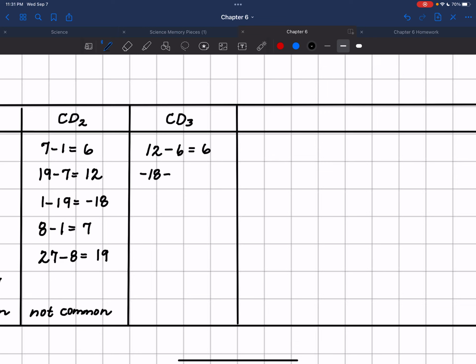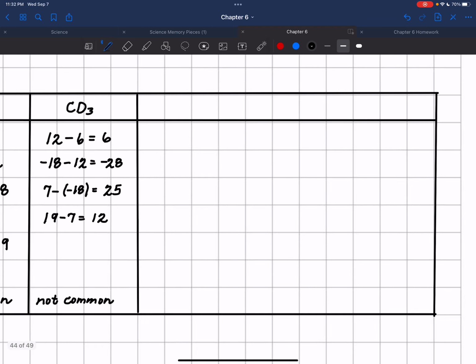Negative 18 minus 12 is negative 28. 7 minus negative 18 is 25. And then 19 minus 7 is 12. So it's not common at the third level.